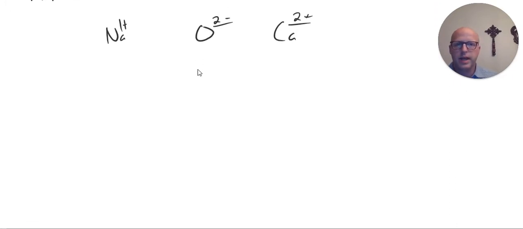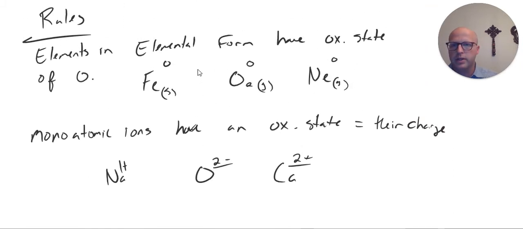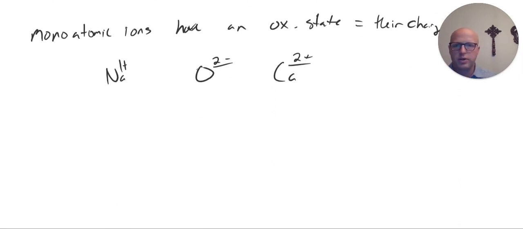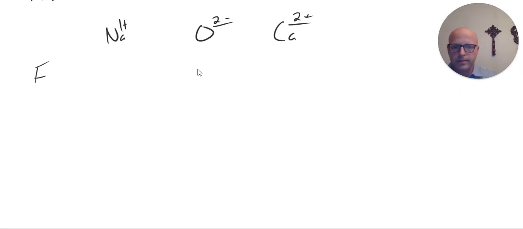Where it's different is, now let's take a look in covalent systems. Oh, I have a couple more rules, sorry. So elements, in their elemental state, always have an oxidation state of 0. Monoatomic ions have an oxidation state equal to their charge. Okay, fluorine always has an oxidation state of -1.